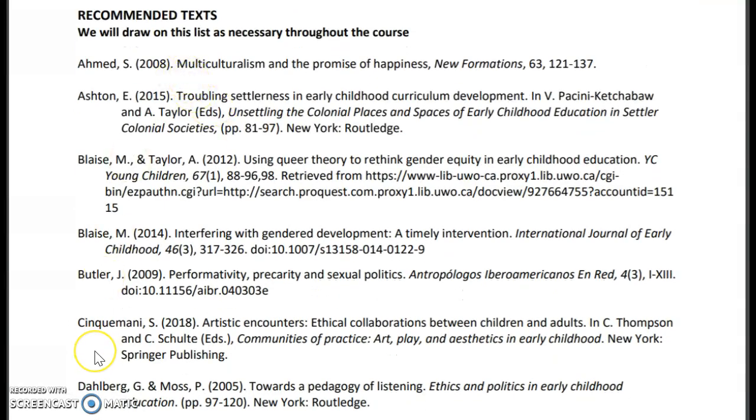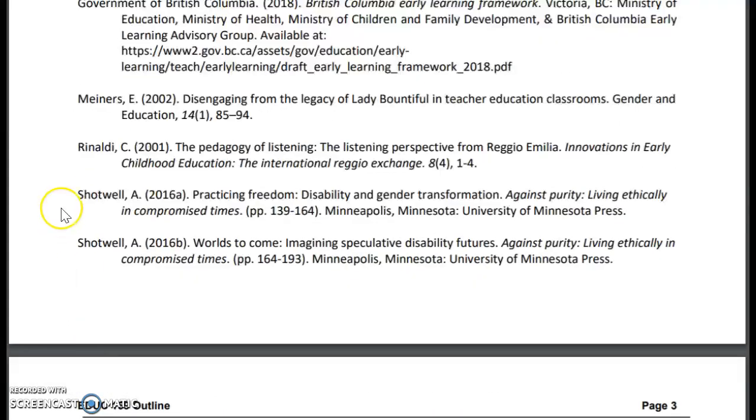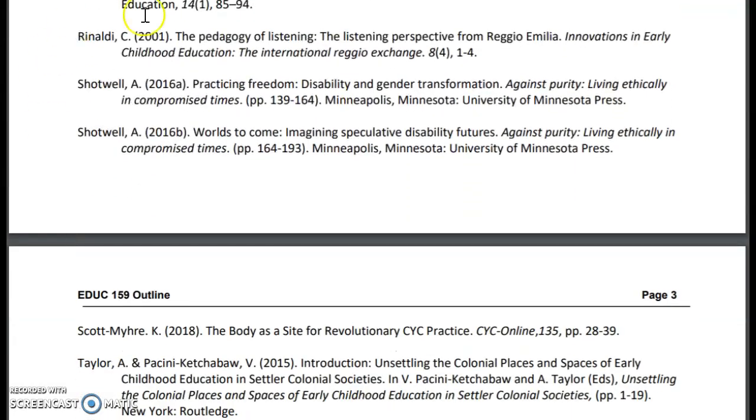So we'll be drawing on this list. These 2 readings here by Alexis Shotwell are going to be available in 2 weeks. The library is still ordering a copy of the ebook for us so that we can all read it. 2 chapters, that is.